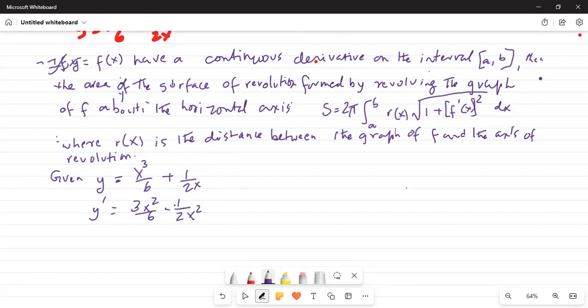So now we will find 1 plus y prime squared, and that is equal to 1 plus, x squared by 2 minus half x to the power of minus 2, squared.